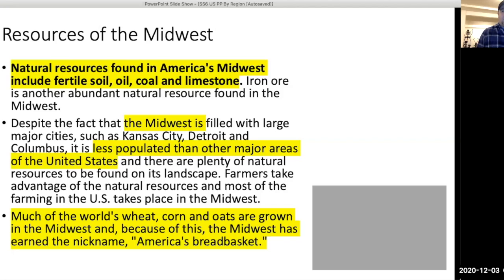We talked before about the Mississippi River and how about 60% of the United States agriculture is still shipped down the Mississippi River. That's where all the agriculture from the Midwest ends up, going down the Mississippi River to be dispersed throughout the world.